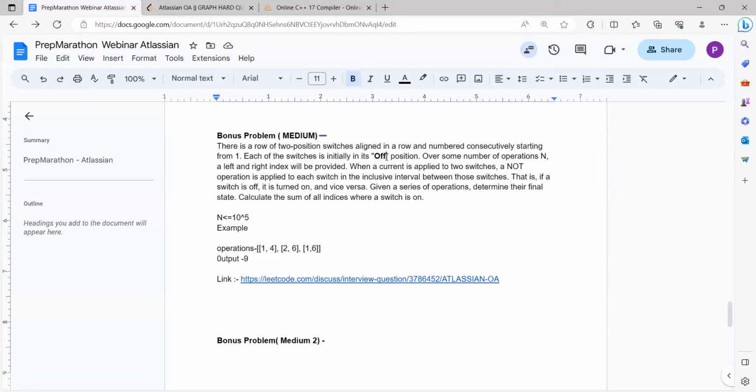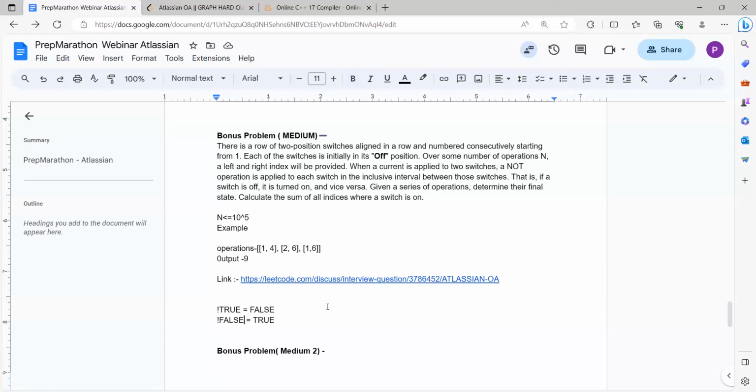What is the right end? When a current is applied to the switches, a not operation is applied to each switch. So what happens with a not operation? Not true becomes false and not false is true. So the not operation just flips the bit. Whatever the current state is, it flips it.